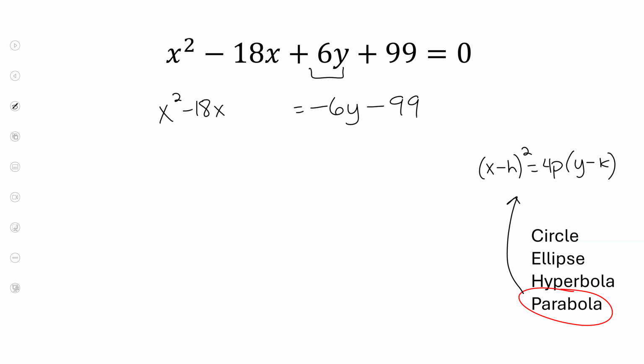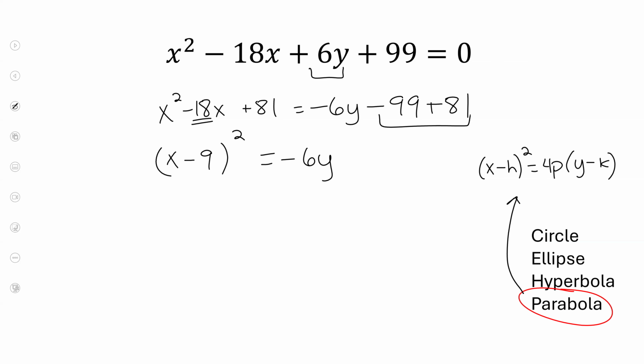Okay, now I need to complete the square over here. What's half of 18? 9 squared, you get 81. So I'm going to add 81 to both sides. So I get negative 6y. This and this together is negative 18. And I can factor out a negative 6.